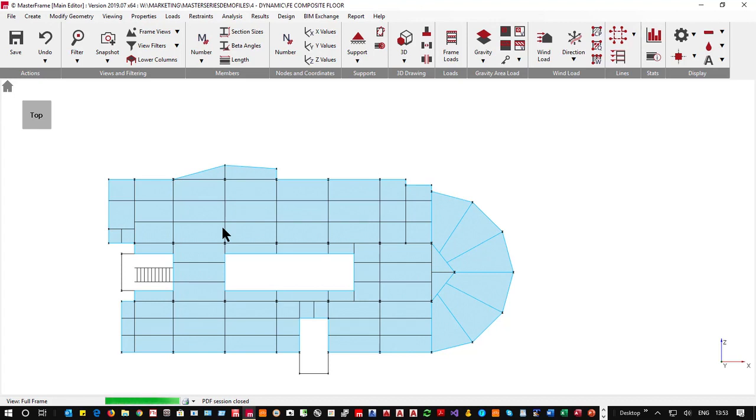So in those cases, at those very low loadings, the structure is working as a composite solid structure. And again, that is what the publication is giving us as a recommendation, SCI P354. It's recommending that we do it rigid.